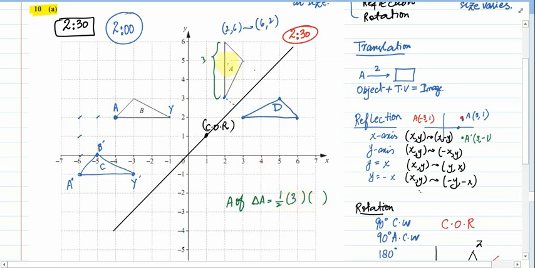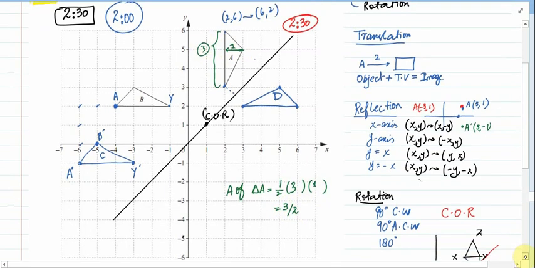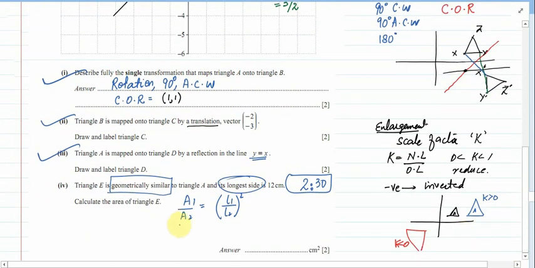And the height is simply 1 unit. So the area is 3 divided by 2. The longest side is 3, keep that in mind. Now, when I apply the formula, the area is 3 divided by 2 and the longest side is 3. The longest side of triangle E is 12 and the area is unknown.